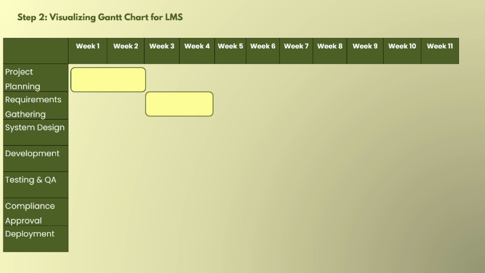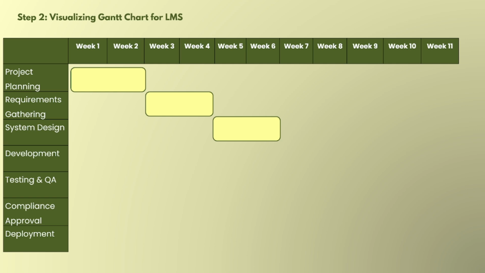Then weeks 3 to 4 are allotted to requirement gathering. Now, is there anything previous to requirement gathering? Yes, there is something already mentioned. That's why requirement gathering is dependent on project planning, which should happen in week 1 and week 2.